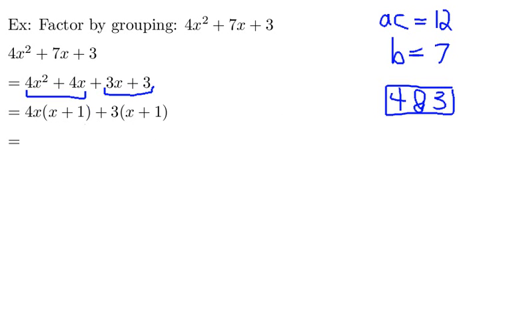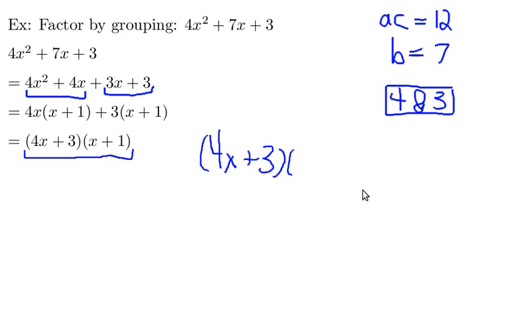So we'll have 4x plus 3 times x plus 1. And this is going to be our final answer. And we can check that, but we don't really need to. You know what, it's fast enough. We'll go ahead and check it. 4x plus 3.